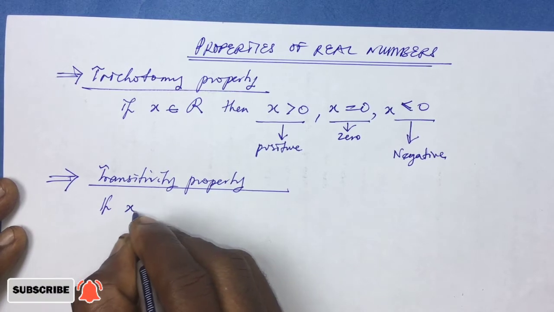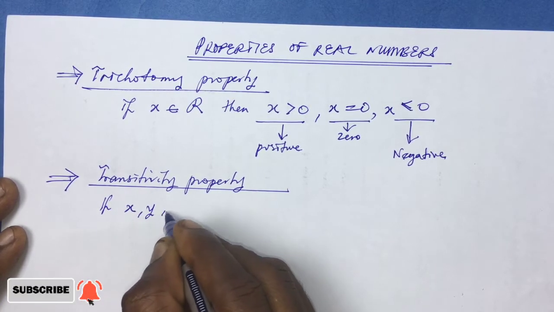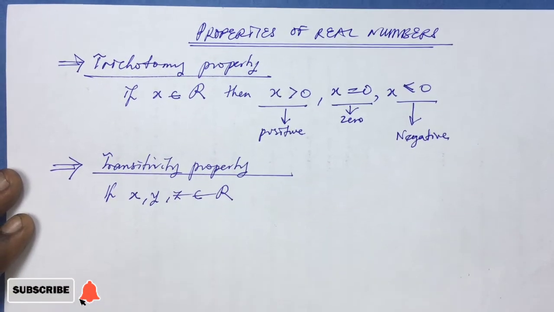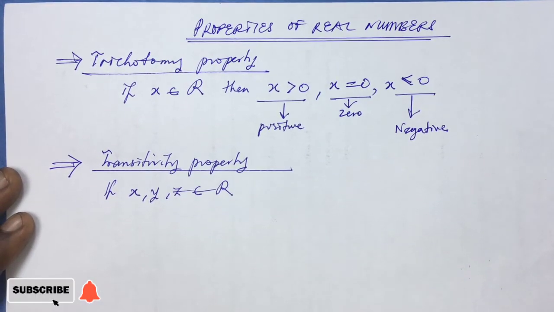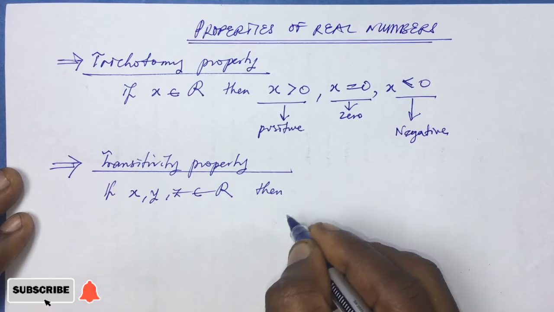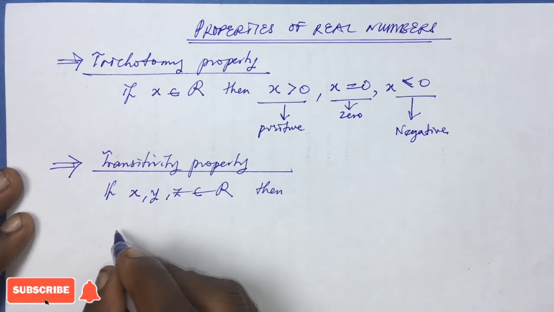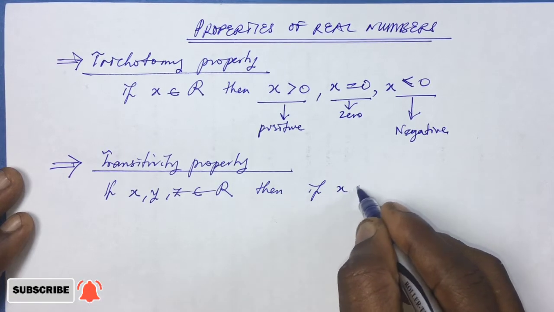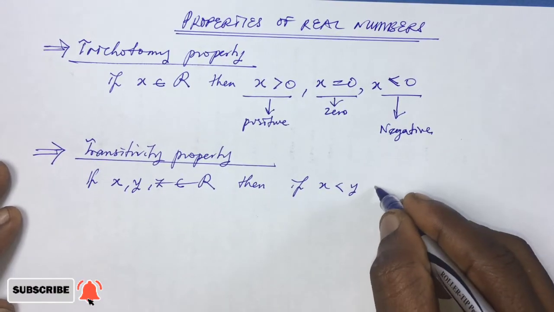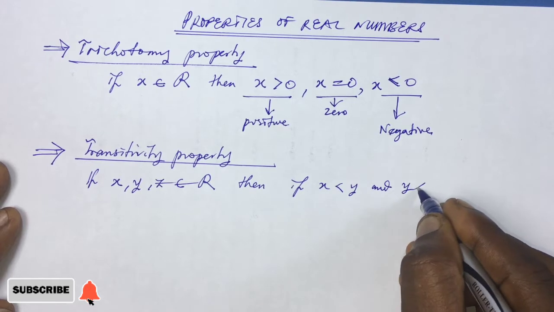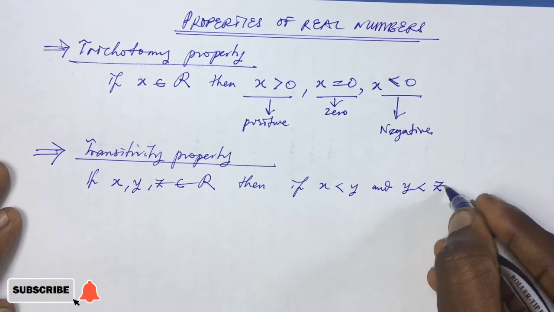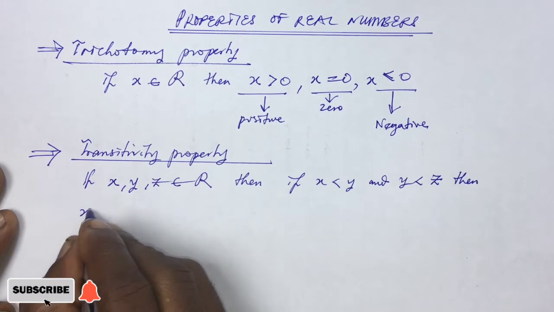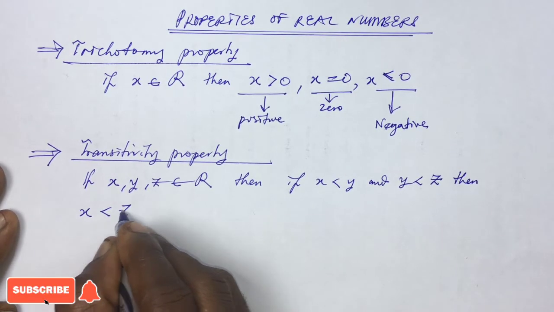If x, y, and z are real numbers, then according to the transitivity property, if x is less than y and y is less than z, then x automatically is less than z.